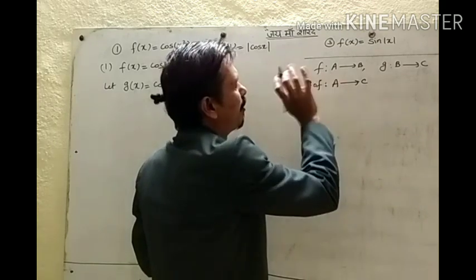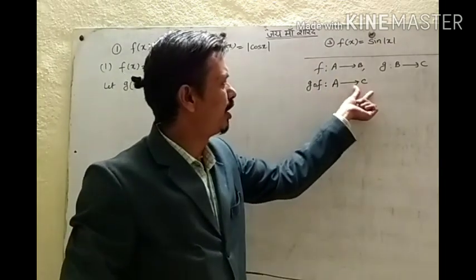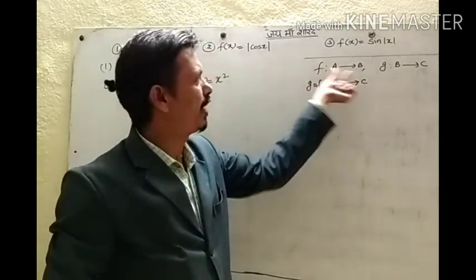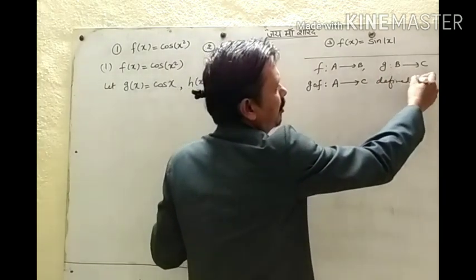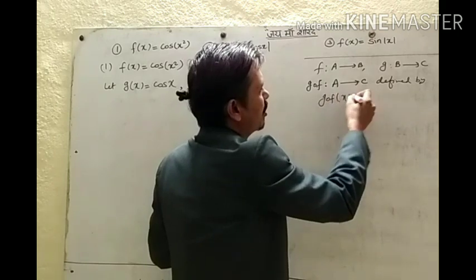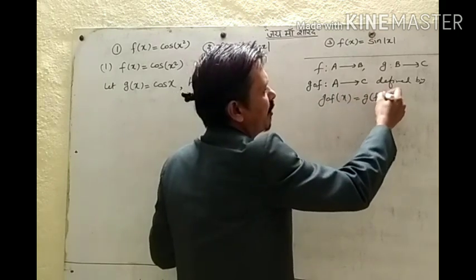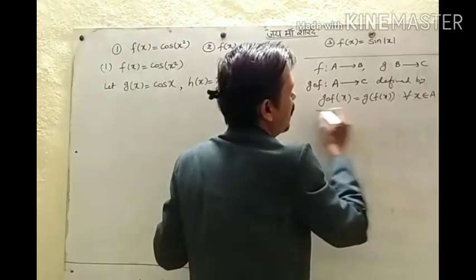We read this g o f. So this function will be from A to C. It is called the composition of f and g, defined by g o f of x is equal to g of f of x for all x belonging to A.